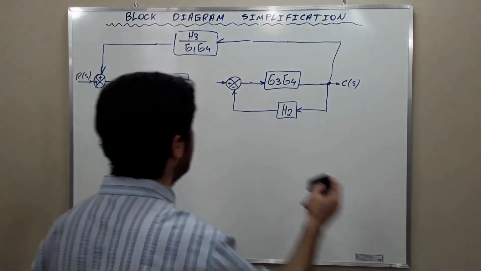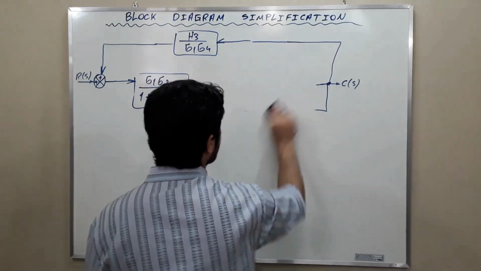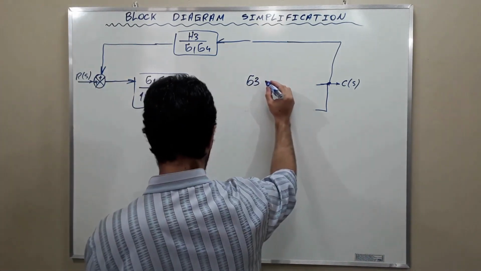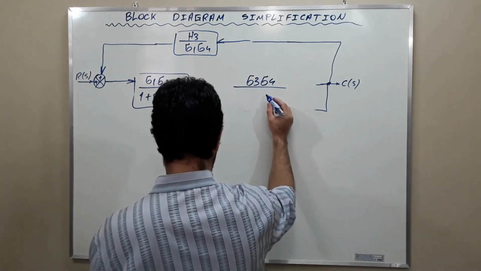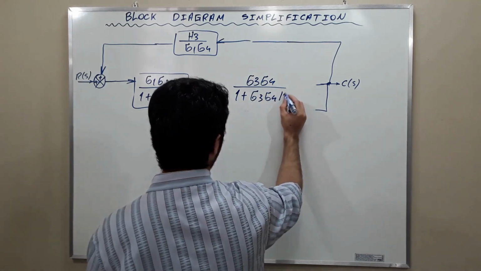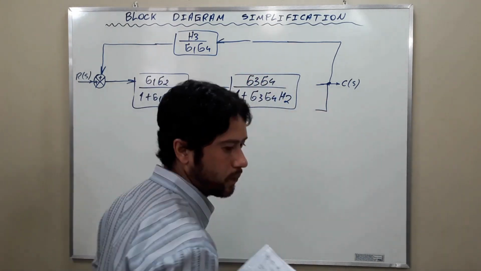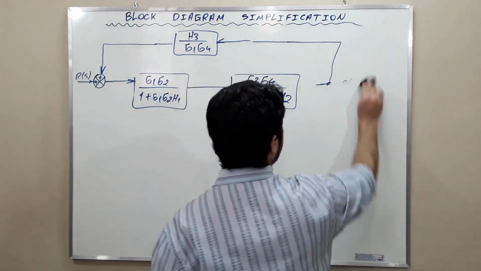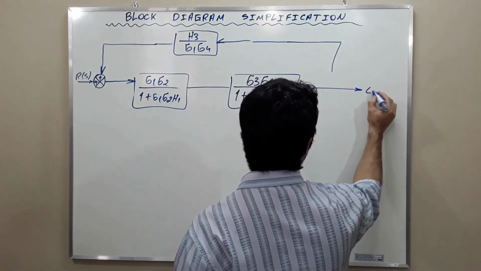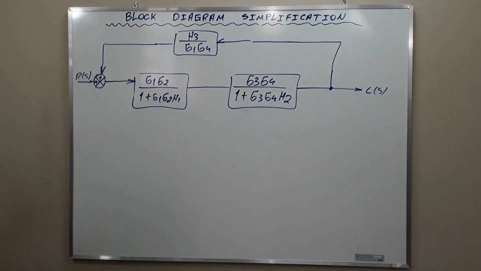And the second feedback loop becomes G3 G4 over 1 plus G3 G4 H2. Looks easier now.